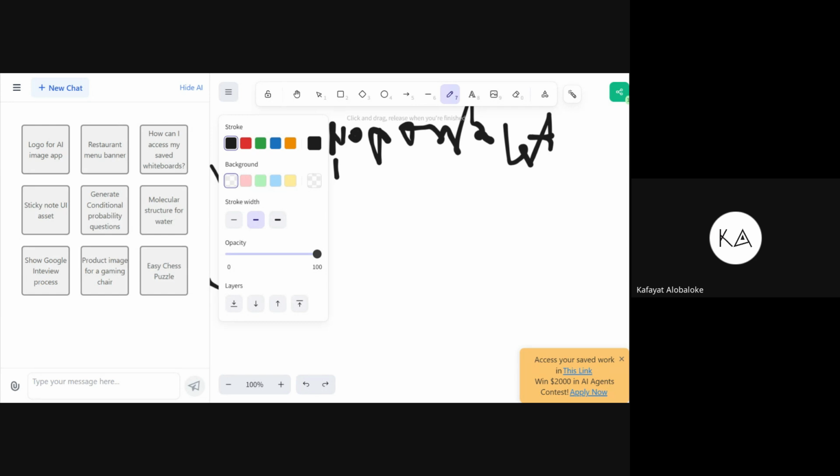So on the first one we have 1, 2, 3, 4, 5, and then 6. And also on the second one, we have 1, 2, 3, up to 6.